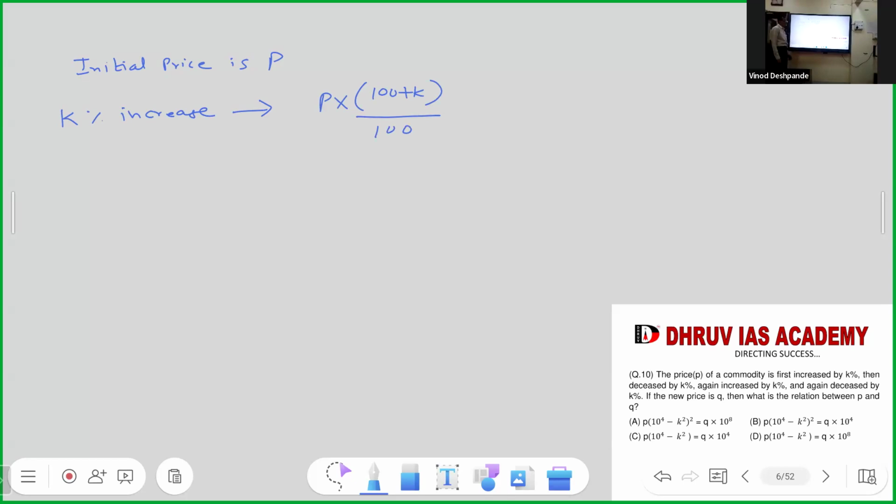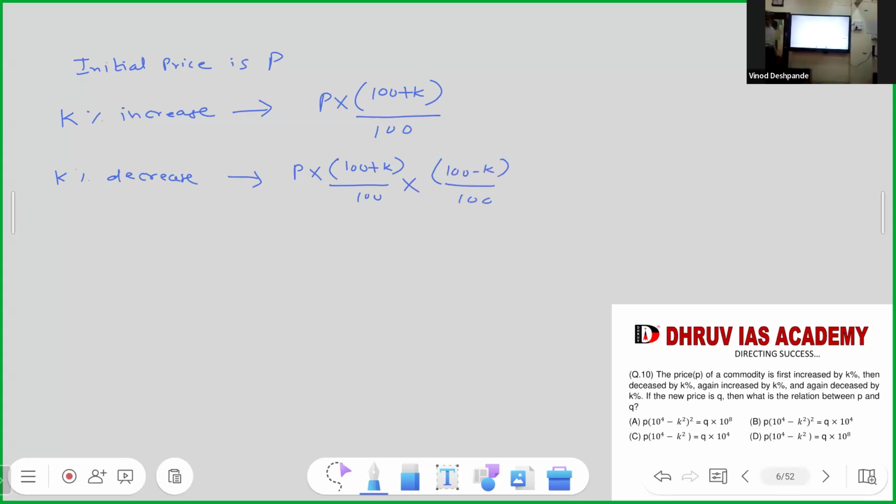Now there is a further decrease of K%. So now the price will be 100 minus K% of the previous price. So a K% decrease will lead the price to be P into (100 plus K) upon 100 into (100 minus K) upon 100.